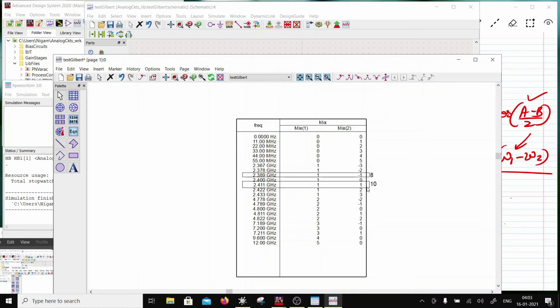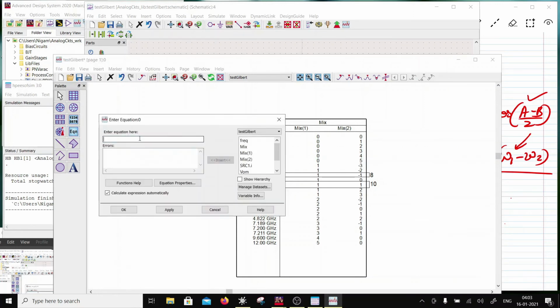Okay, so I'm going to put here two equations. P out difference is going to be equal to dBm to watts of something, and that something would be dBm of something.